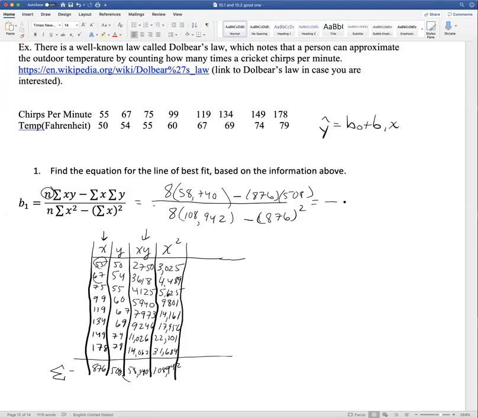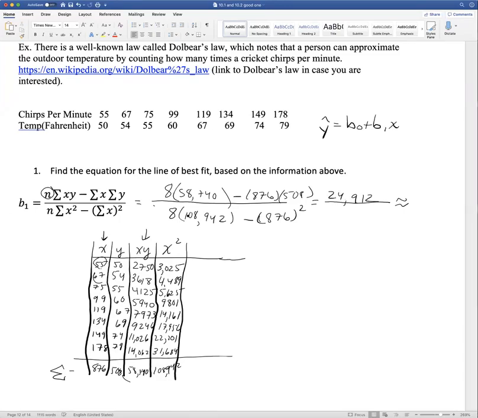Okay, so I'm going to do the numerator first, and then I'll do the denominator, and we'll come up with a good approximation for the slope. So we have 8 times 58,740 minus 876 times 508. Let me just double check my math. And I get 24,912.